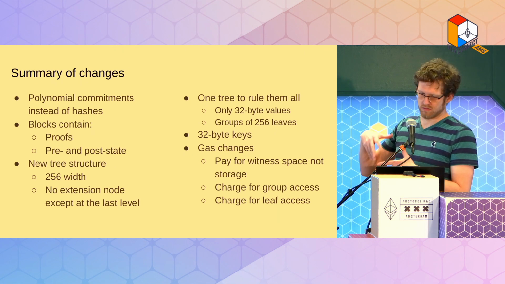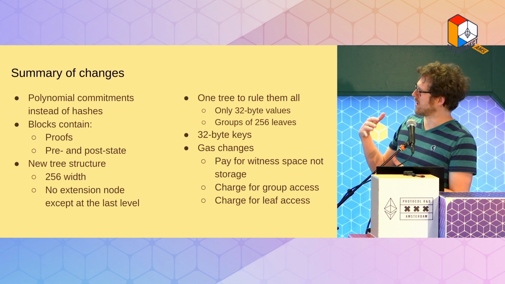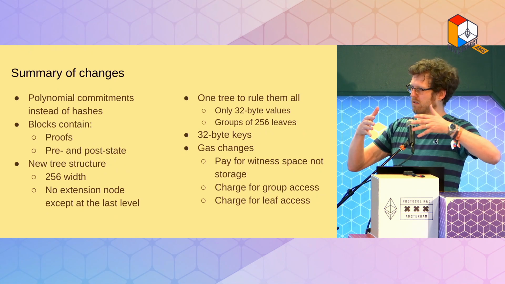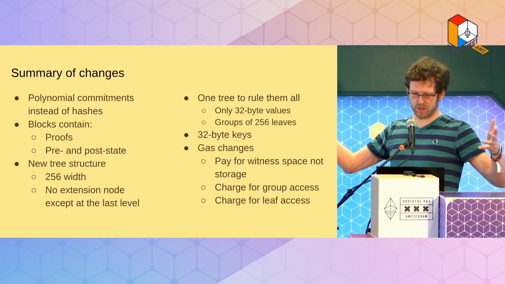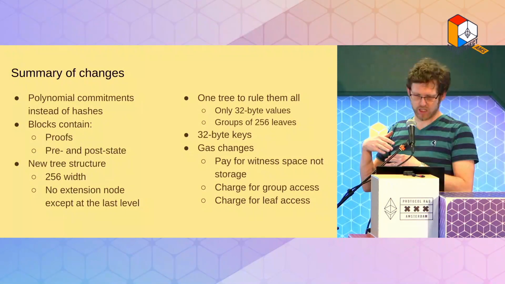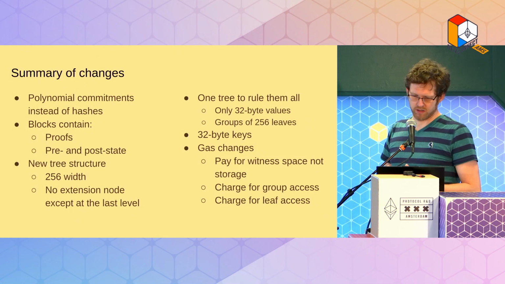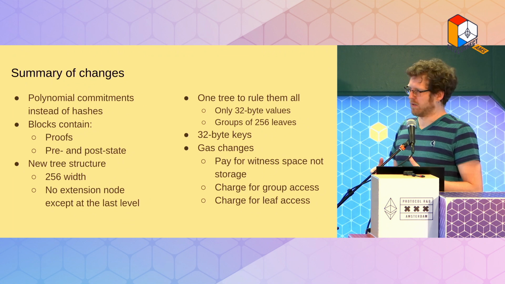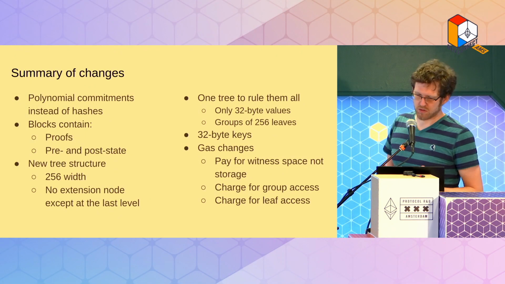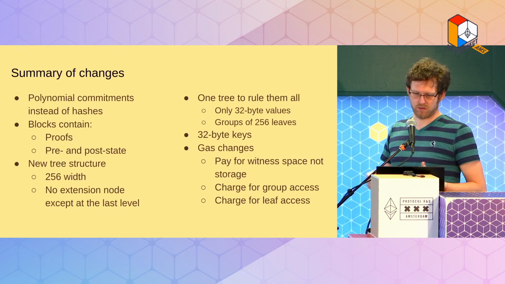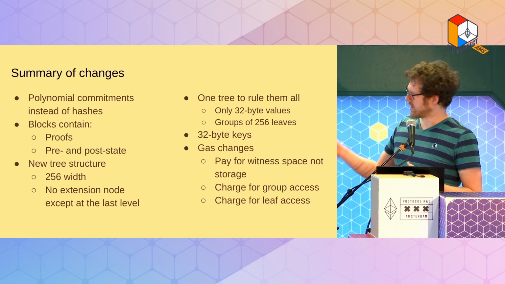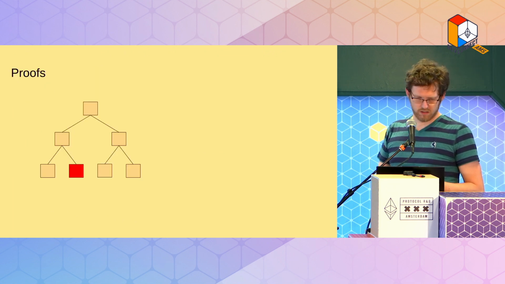Some of them are just to reduce the size of the proof. So for example, we look for a much wider tree, which means it's going to be much more shallow, and so the proof ends up being smaller. Everything gets merged into the same tree. We switch to 32-byte keys, and I'll get to the gas changes in a minute.